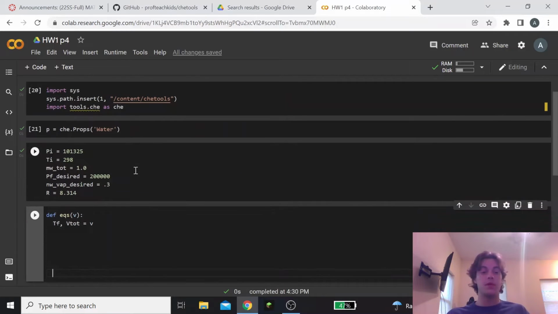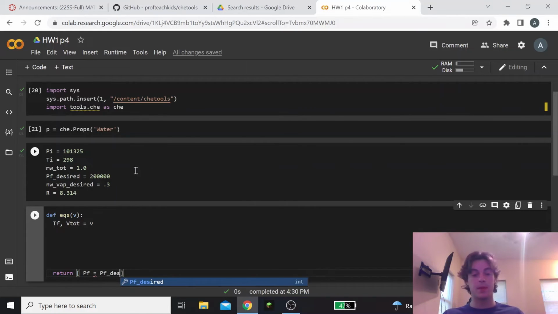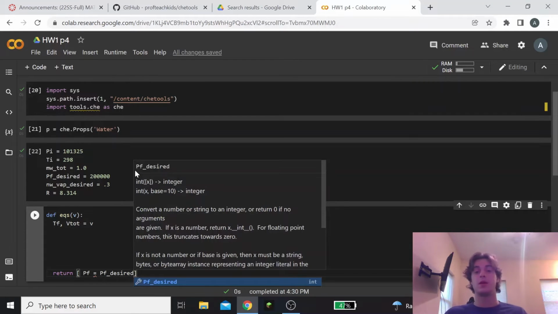Now, what we need to return are our two equations, right? We have two equations and two unknowns. So our first equation that we need to return is we want our final pressure to match our desired pressure, right? And we can't return an entire equation.